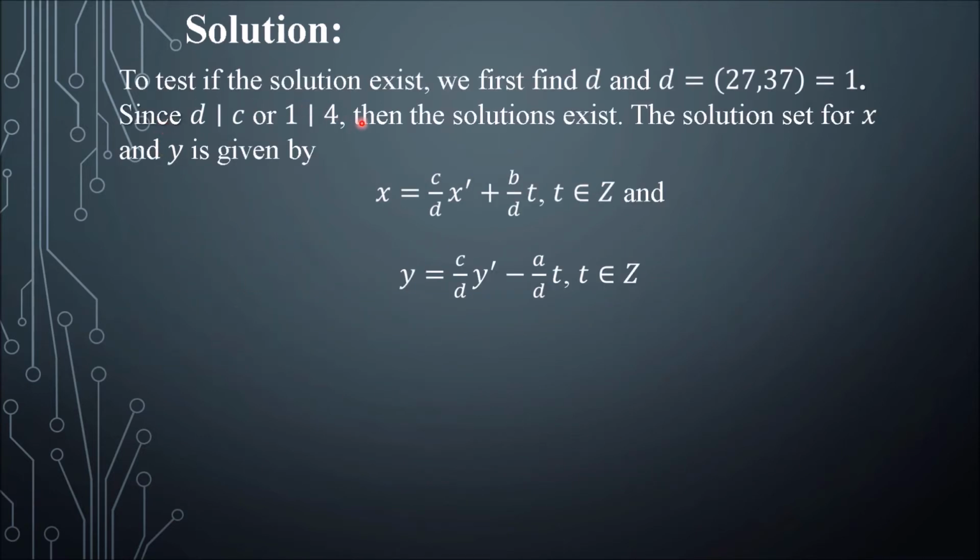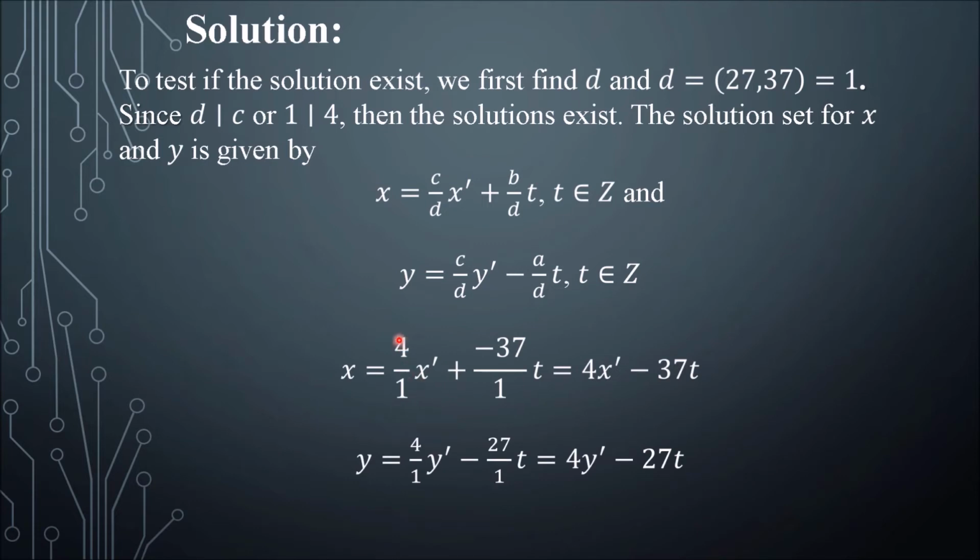Now, to test if the solution exists, we first find d, and d, of course, is equal to 1. Since d divides c, or 1 divides 4, the solutions exist. The solution set for x and y is given by the following.